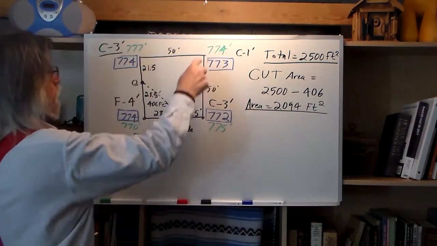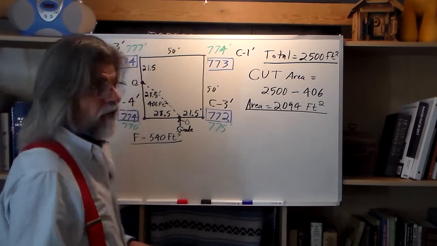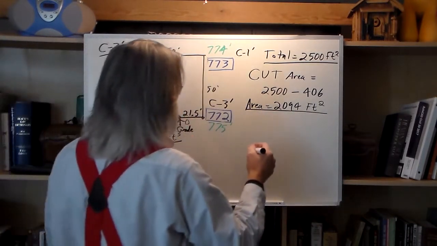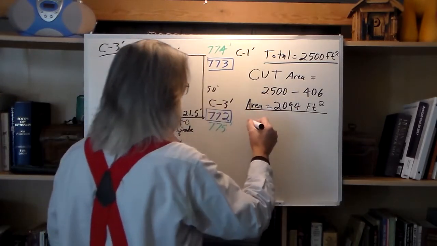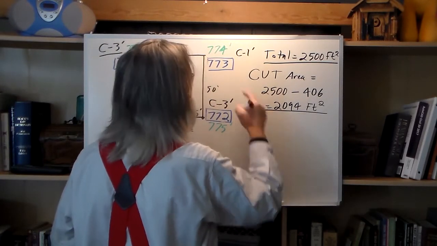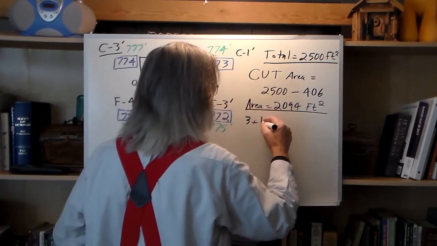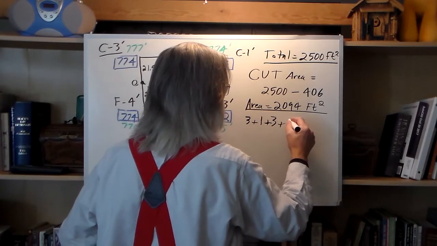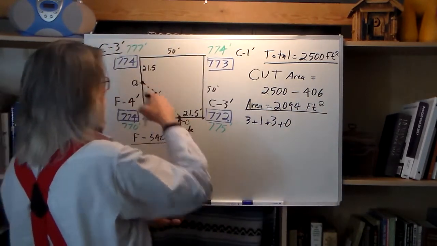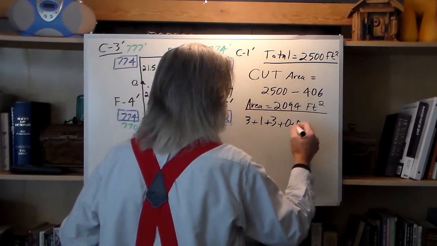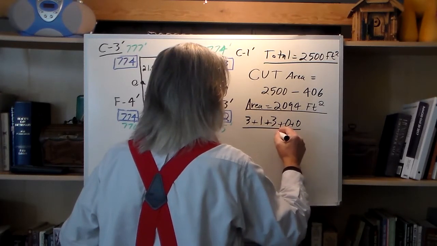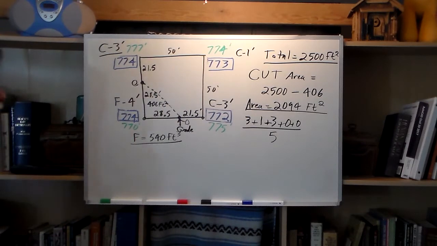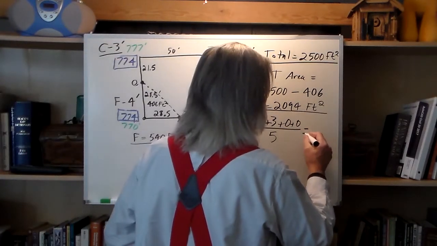We've got 1, 2, 3, 4, 5, but 2 of those points are zeros. So our cut is going to start off here at 3 plus 1 plus 3 plus 0, which is that point, and then another 0, all over 5, because there are 5 points. So 3 plus 3 plus 1 is 7. That's 7 over 5.